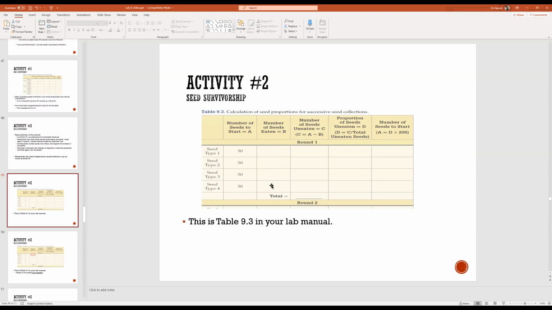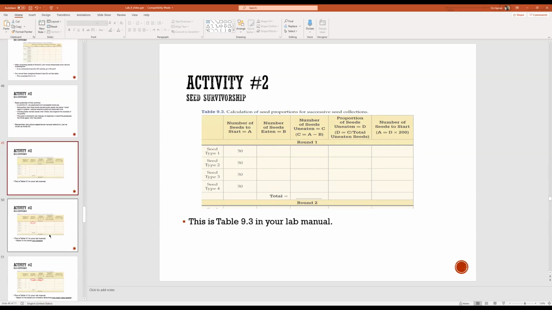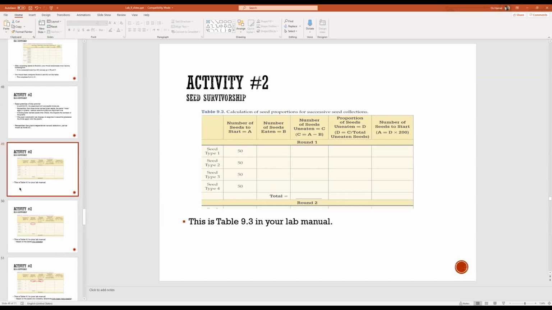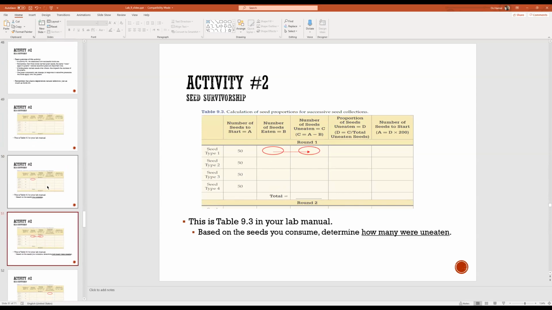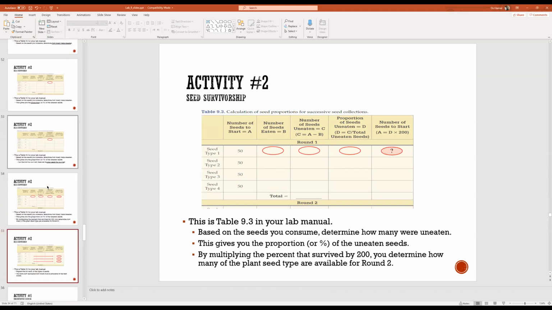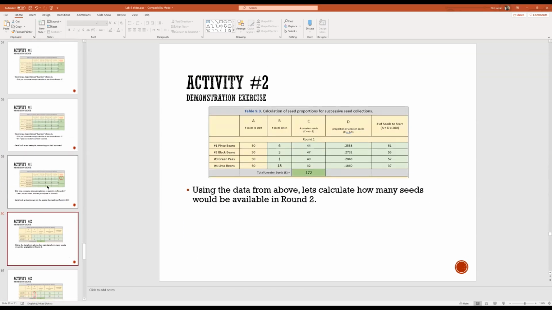And then in the following column, you'll write the number of seeds uneaten. So let's go through it over here. This is just walking you step by step. If you want to fill it out here, you would just follow these steps, etc. But let's go to one that's already filled out so it's easier to verbalize.